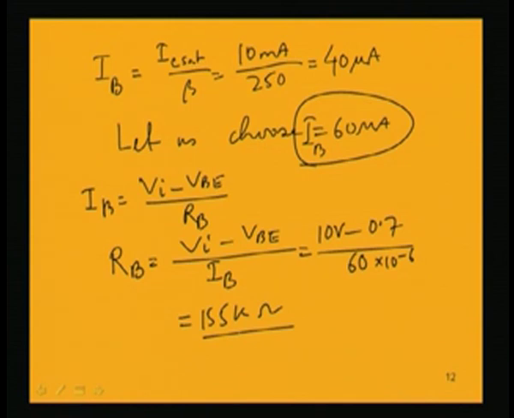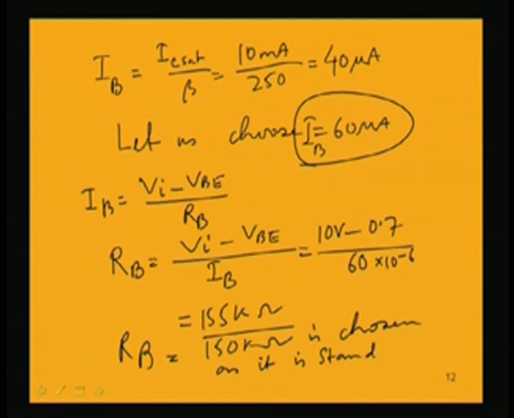So, although we are getting for 60 microampere a value of RB which is 155 kilo ohm, let us take a standard value of 150K, because 150K can be obtained in the lab easily. So, we take RB is 150K as it is a standard value which is readily available.